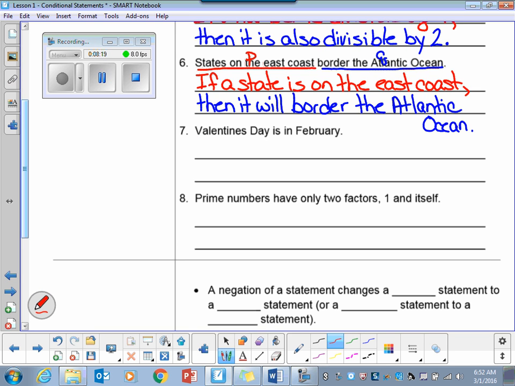So Valentine's Day is going to need to be my hypothesis this time, and February is going to need to be my conclusion. So if it is Valentine's Day, then it is February.